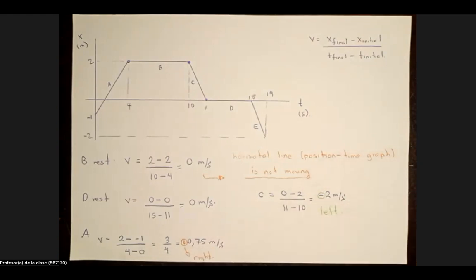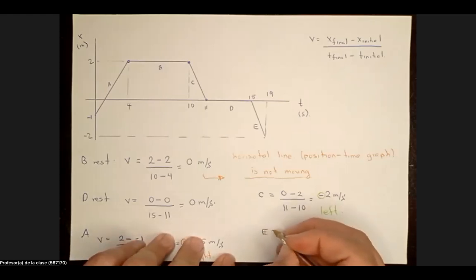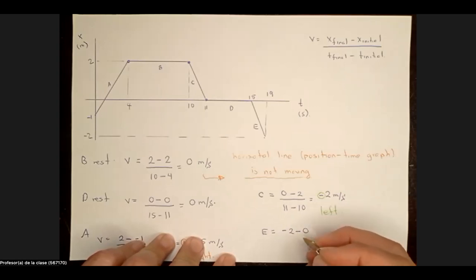The object is going to the left. Then on D segment, the object is not moving, and then E segment: final position -2, initial position 0, final time 19, initial time 15.